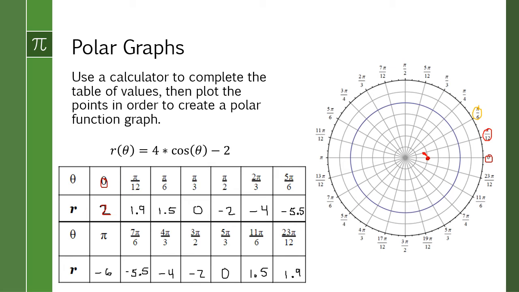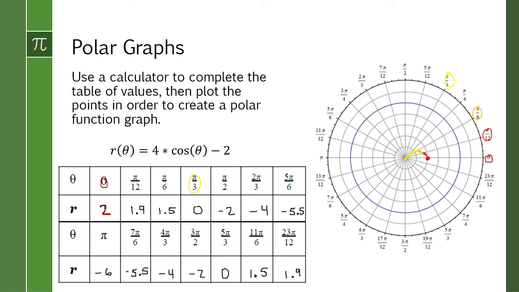So 1.5. These points are getting pretty close together here, so I'm just connecting the dots as I go. Then at pi over 3, I've got a radius of 0. So at pi over 3, my radius is 0. That is a point right on the origin. So I can kind of connect this back in here.